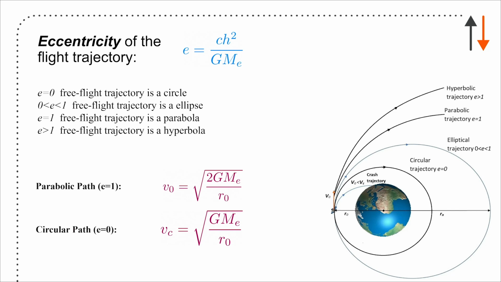Launch speeds less than this velocity, vc, will cause the satellite to re-enter the Earth's atmosphere and either burn up or crash.